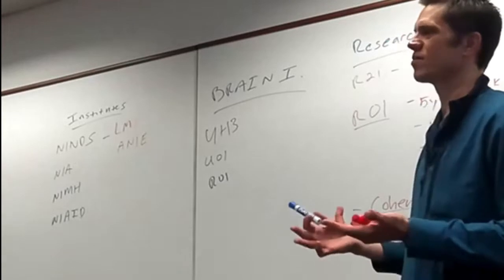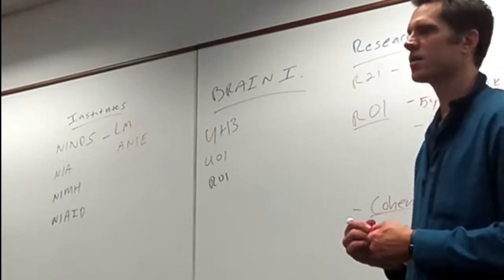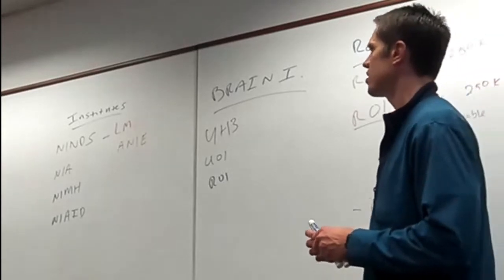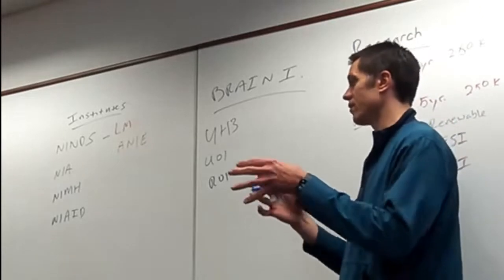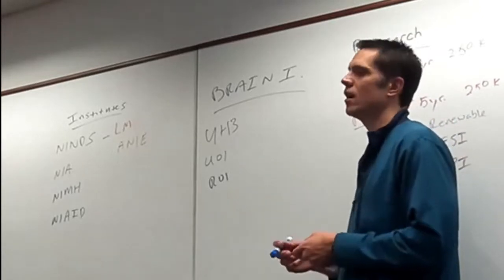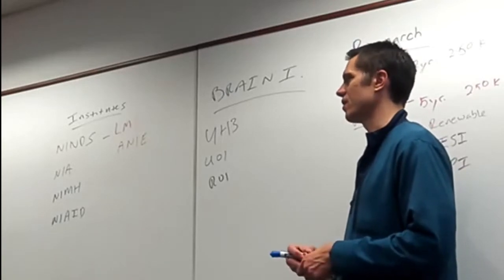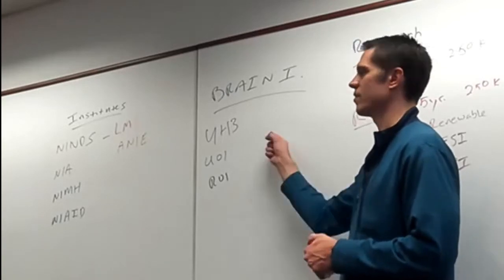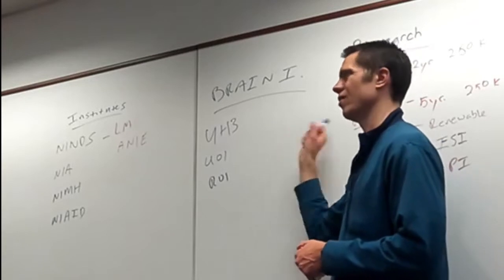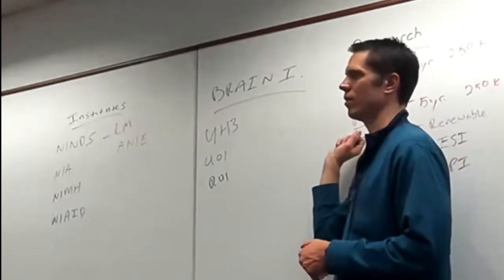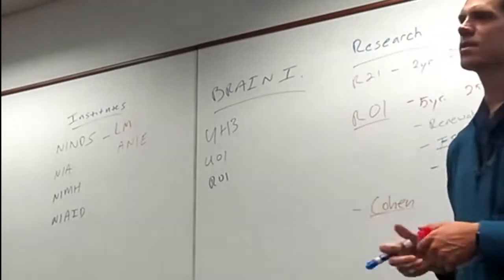But the idea is the RFA was pretty specific. The BRAIN Initiative has its own set of funding separate from the institutes, and it's really been a total boon to neurosurgery research. There are a lot of people that have their grants via the BRAIN Initiative that probably wouldn't have gotten them via the normal funding mechanisms. So that's awesome.